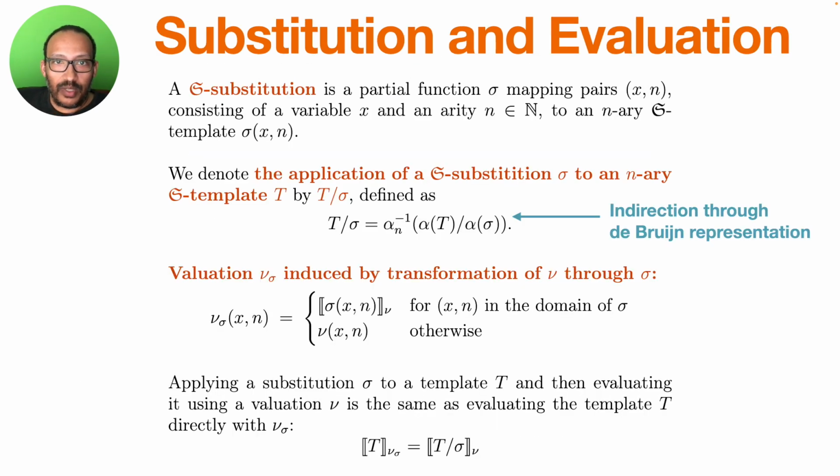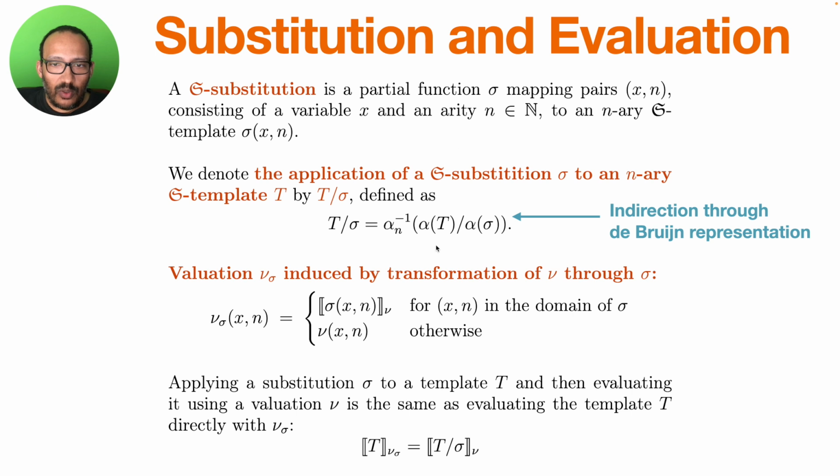So about substitution. Substitution is just a partial function, a sigma, that maps variable arity pairs to a template of the corresponding arity. So a variable with arity n is mapped to a template of arity n.